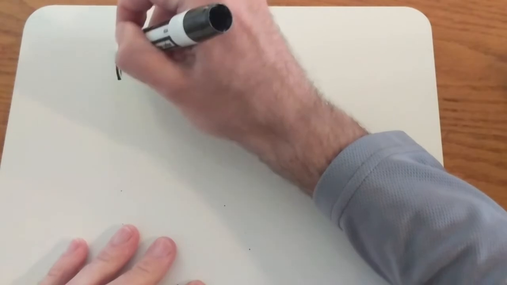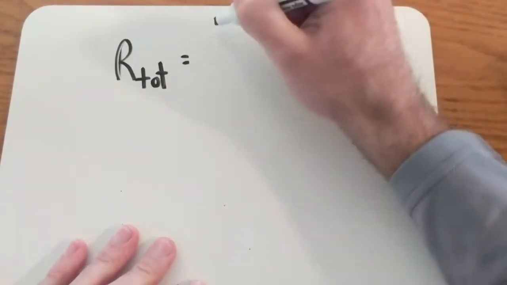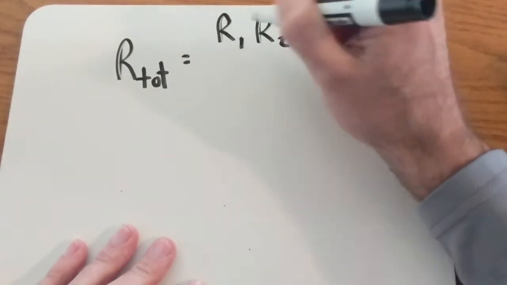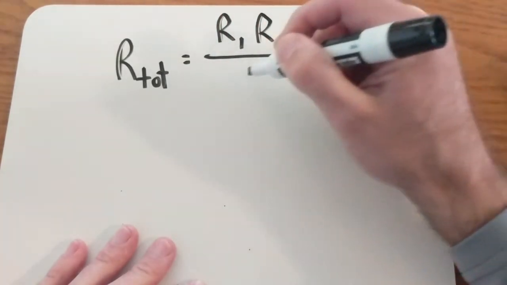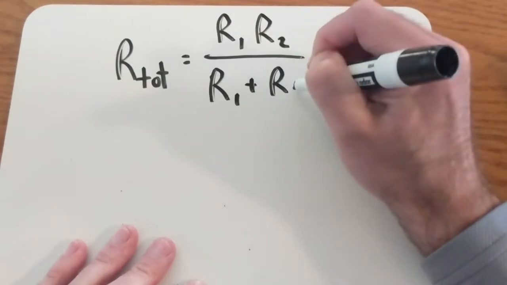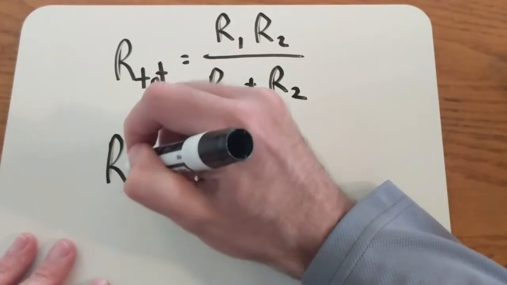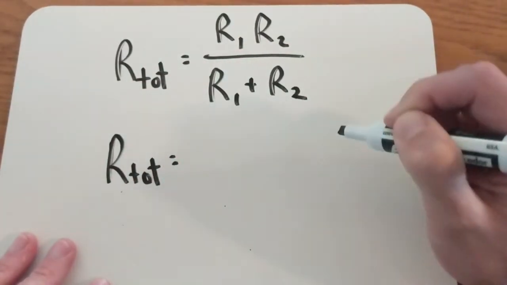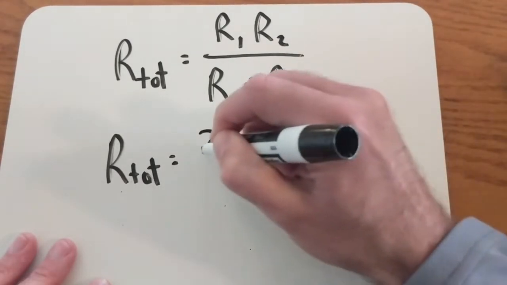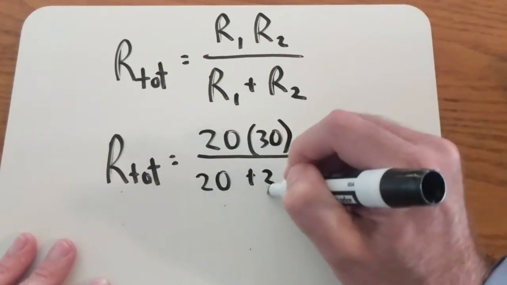So our resistance equation for resistors that are in parallel, all right, is just this. You multiply them, all right, R1 times R2, and then you divide by the addition of them, R1 plus R2. All right, so if we apply this equation to this problem, you can see we have 20 times 30, that's the first resistor and the second resistor, divided by 20 plus 30.